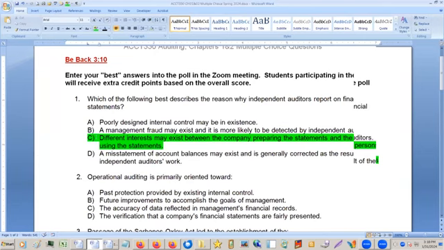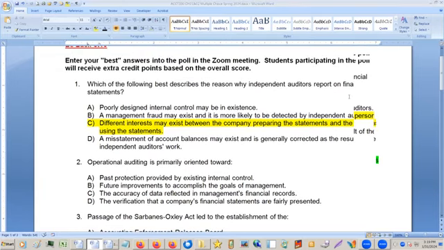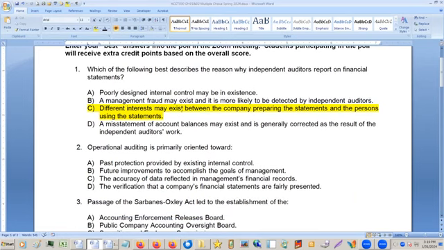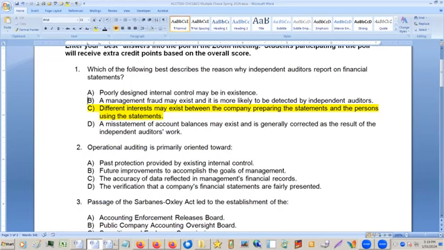One second here. Okay, so C is correct. B is an unusual one. B's not a bad answer. It is possible you have management fraud that is found by independent auditors, and especially like for the financial statements.